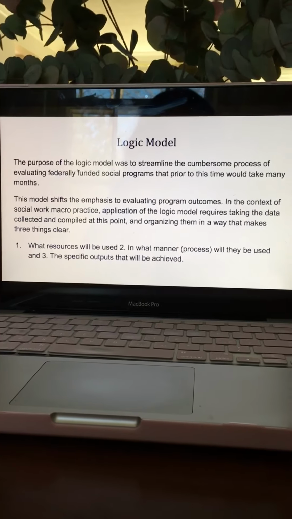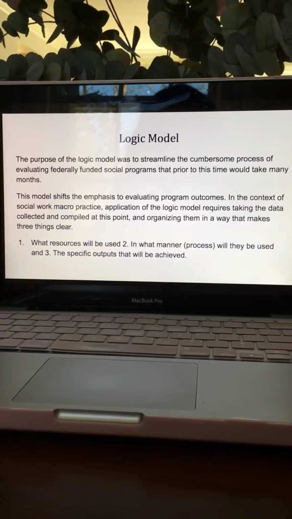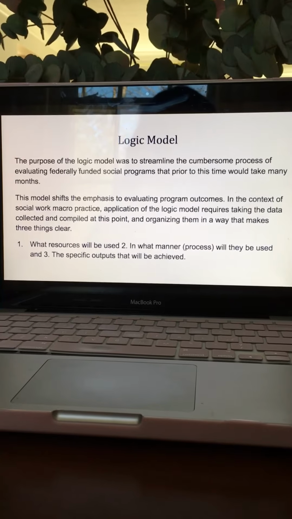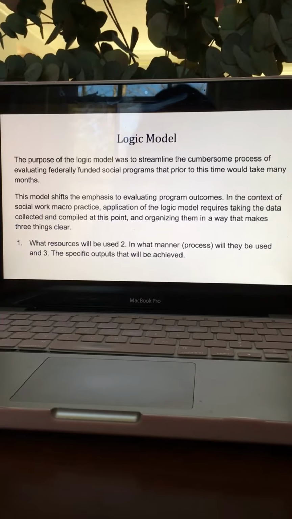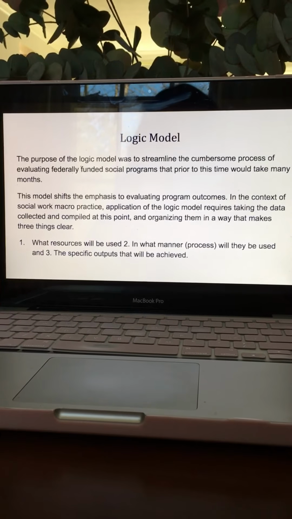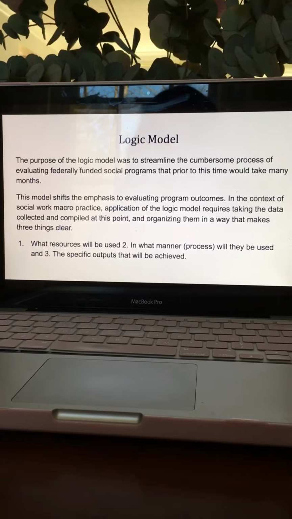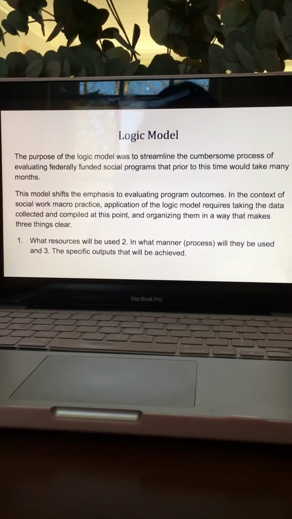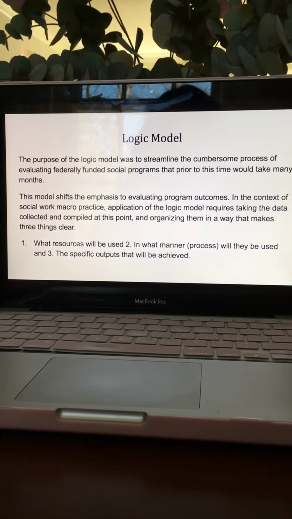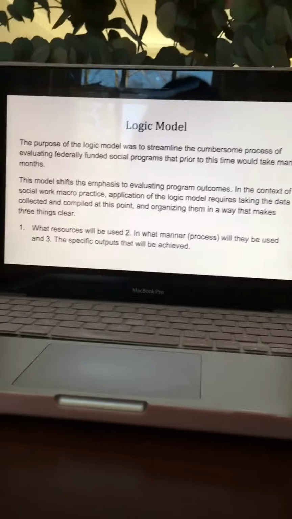Application of the logic model requires taking the data collected and compiled at this point and organizing them in a way that makes three things clear. The book says that the three things are what resources will be used when we are talking about intervention models, in what manner or process they will be used, and also the specific outcomes that will be achieved once we put it into place.